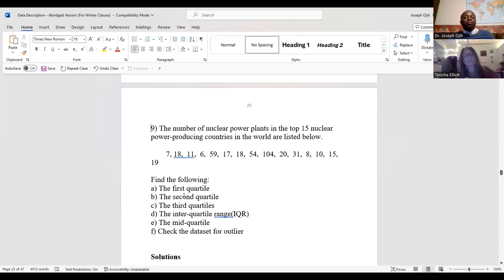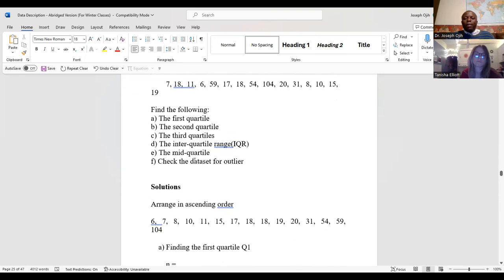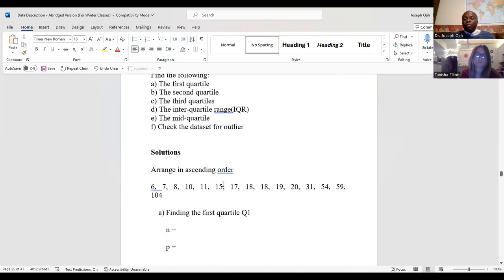Find the first quartile, find the second quartile, find the third quartile, find the interquartile range, find the midquartile, then check the data set for outliers. Let's do it. Remember, the first thing is to put them in order from the smallest to largest.